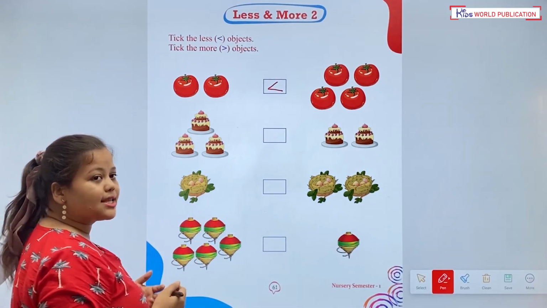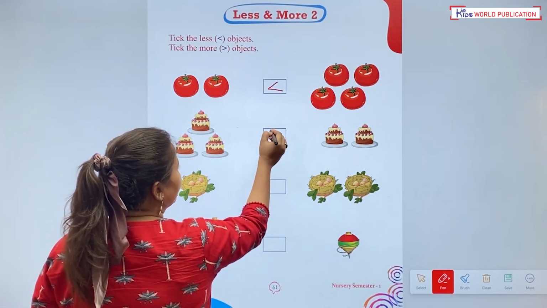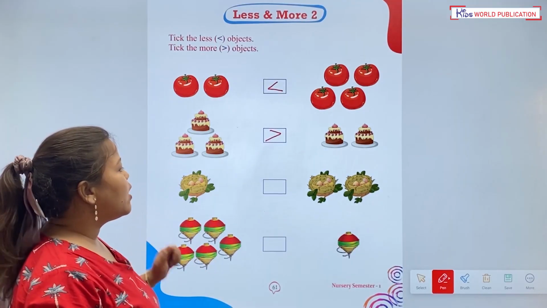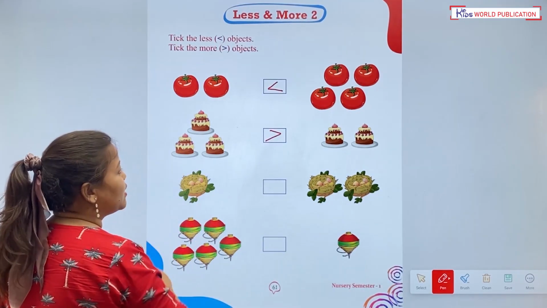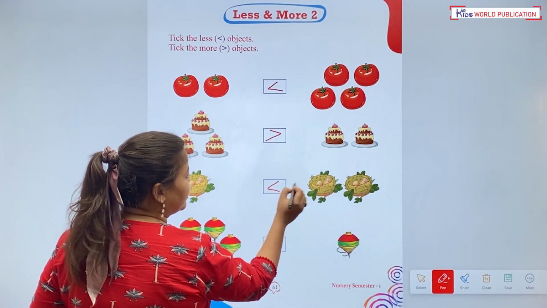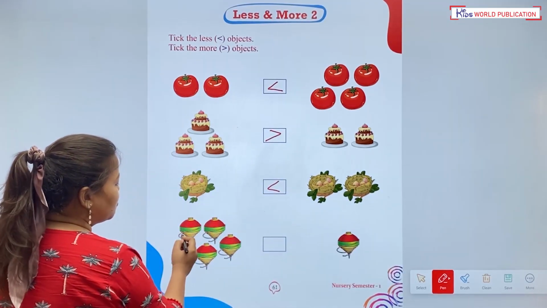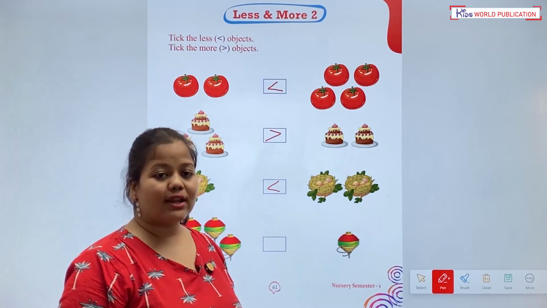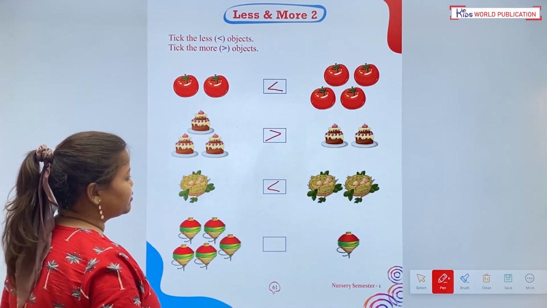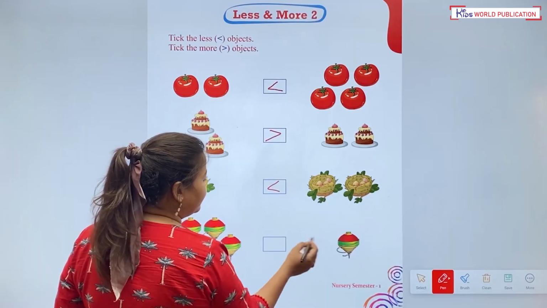So 3 cakes are more than 2 cakes. 1 nest. 1, 2, 2 nest. So 1 nest is less than 2 nest. 1, 2, 3, 4, 5. 5 lattu, 1 lattu. So 5 lattus are more than 1 lattu.